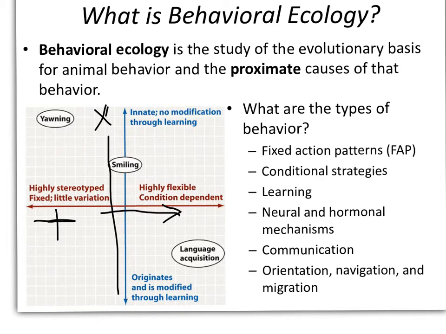Okay, so there's different kinds of behavior. There's fixed action patterns, which are highly stereotyped, conditional strategies, more flexible learning, neural and hormonal mechanisms involved, communication. So let's take a look at a couple of different kinds of animal behaviors in terms of behavioral ecology.